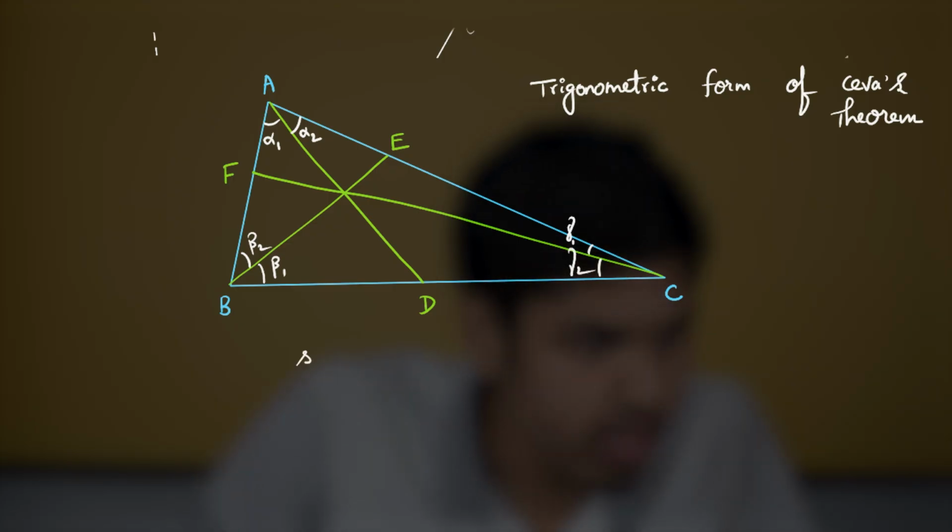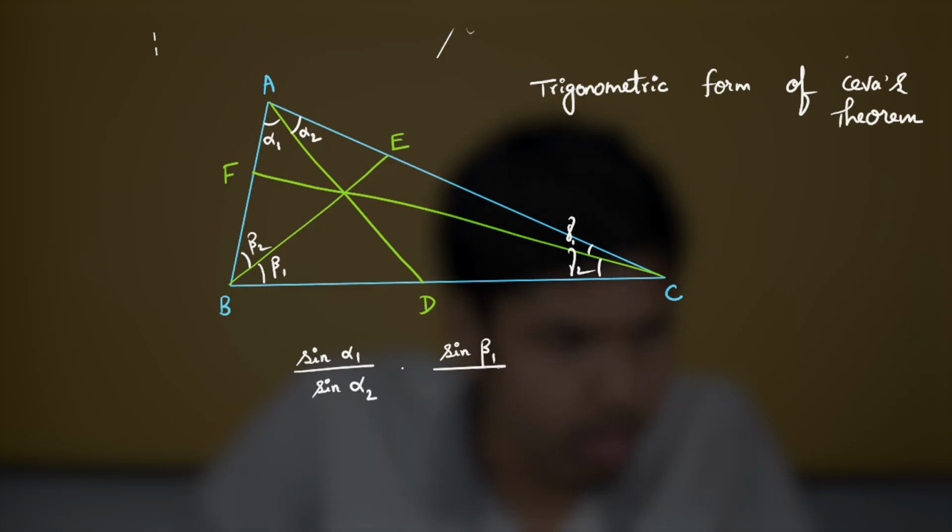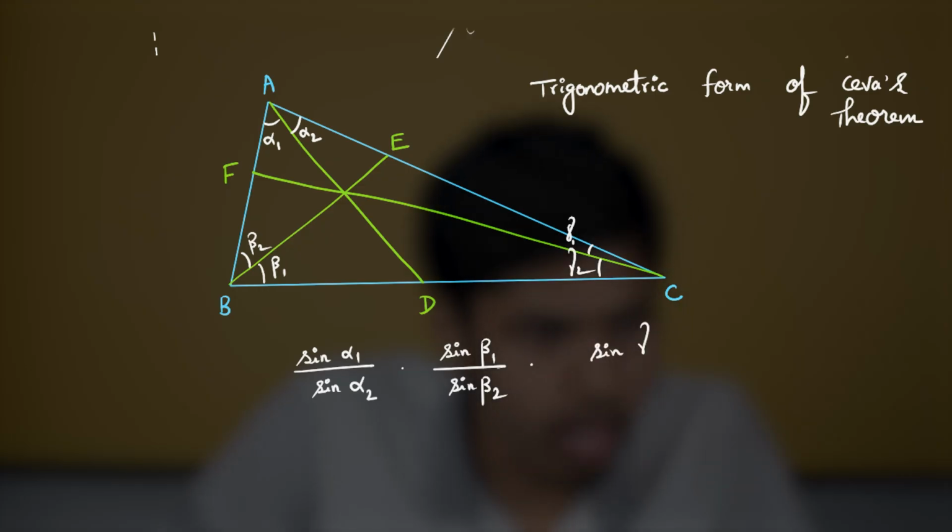Now, it states that sine of alpha 1 by sine alpha 2 times sine beta 1 by sine beta 2 times sine gamma 1 by sine gamma 2 equals 1.